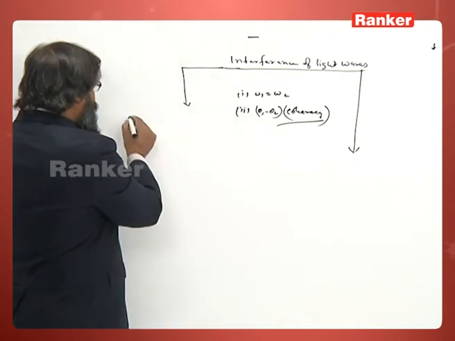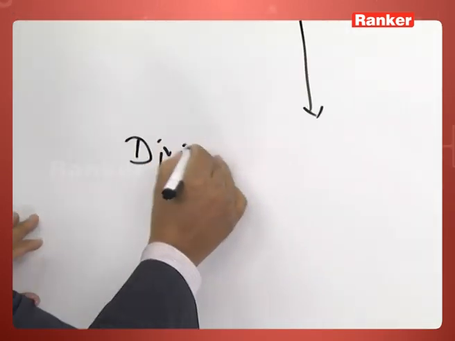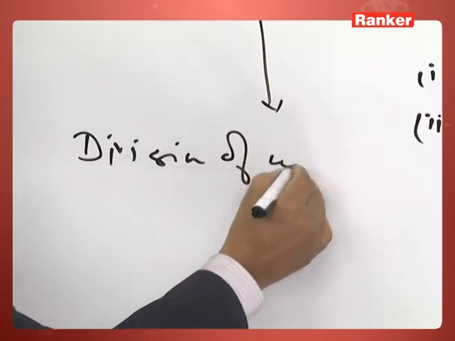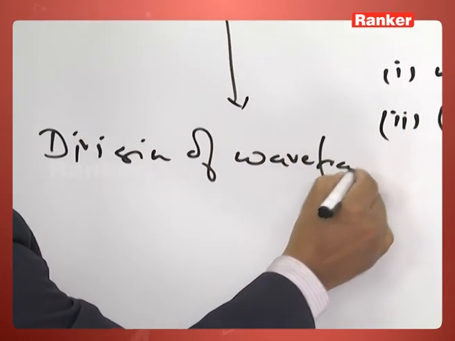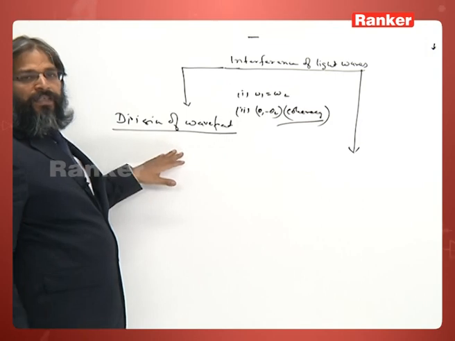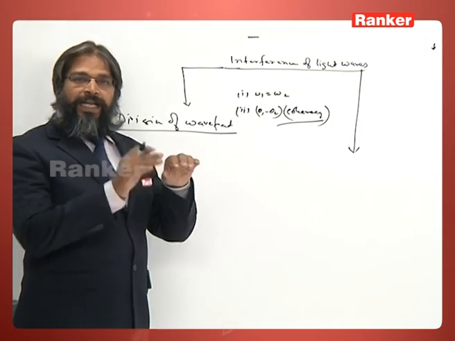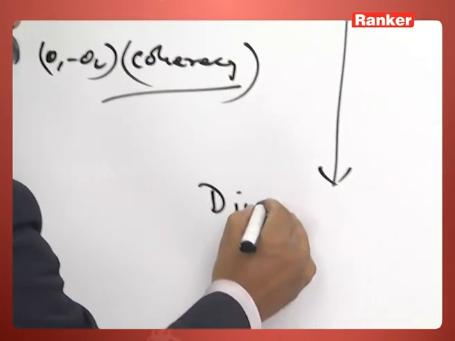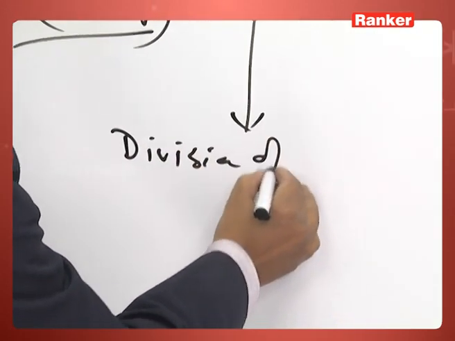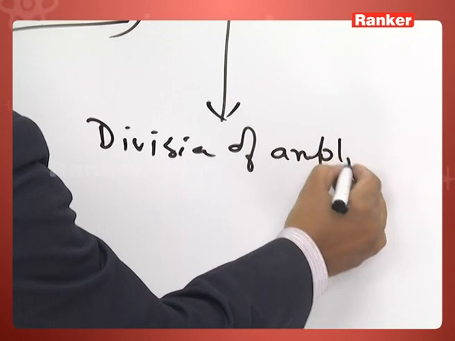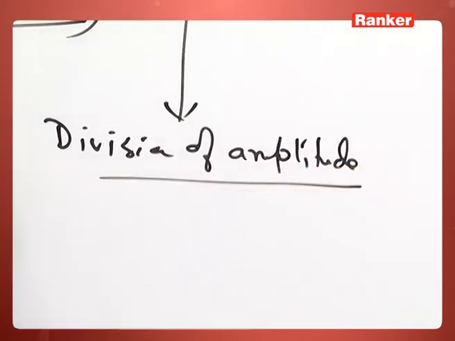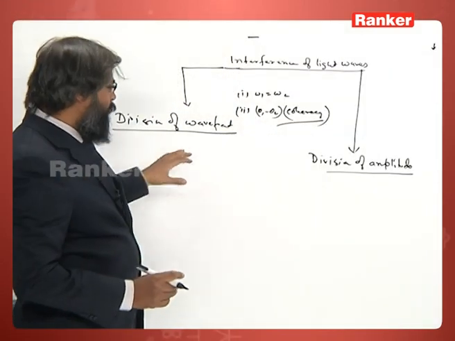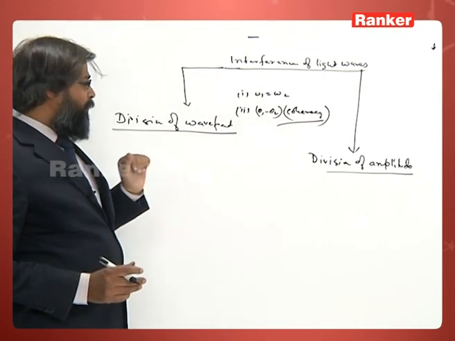One is called division of wavefront and the other is division of amplitude. These are the two techniques to produce interference.